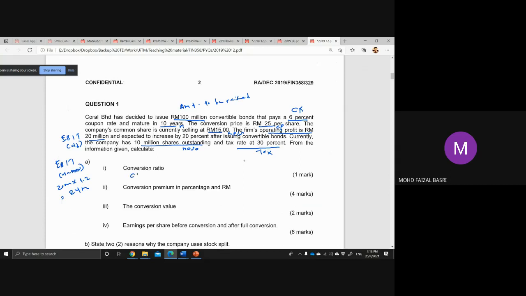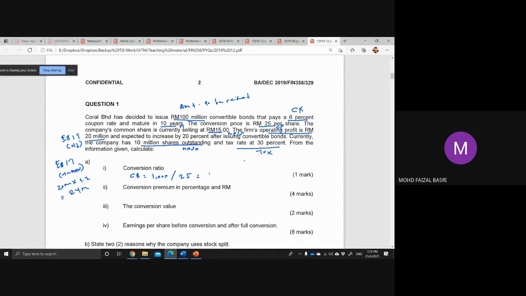So based on the information given below, calculate number 1, conversion ratio. So if you remember, the conversion ratio formula is based on 1,000 ringgit, okay, par value, divided by conversion price. And our conversion price is 25 ringgit. So 1,000 divided by 25 ringgit.